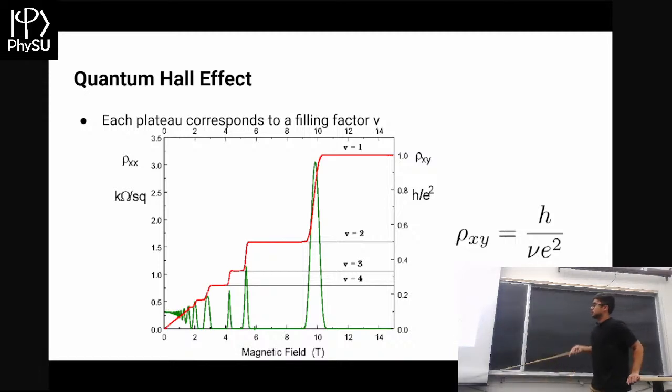So when we have, say, one Landau level filled, we're here, then 2, 3, and so on. And that explains why at the very low magnetic fields, we only see a linear dependence. That's just because as nu gets really, really large, this thing linearly just goes straight to 0.